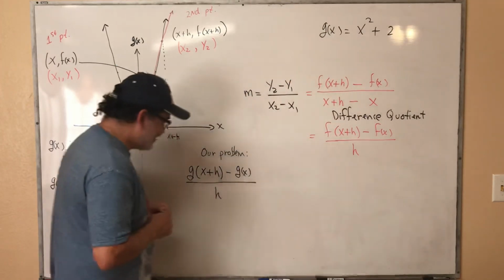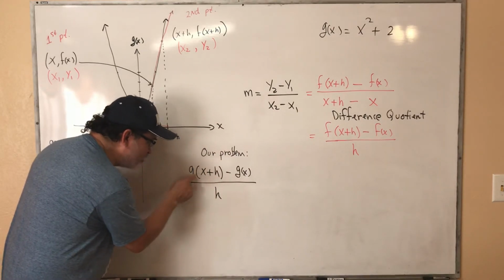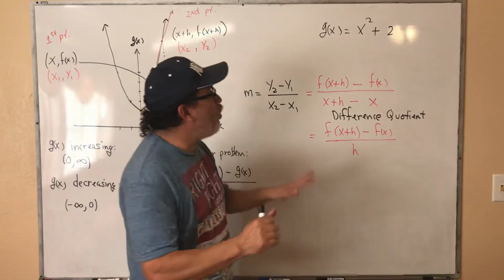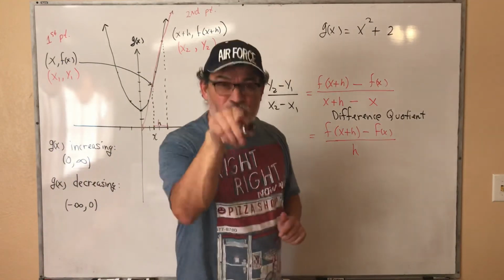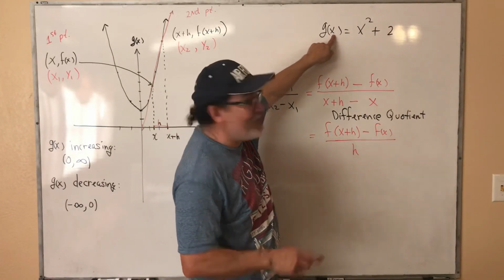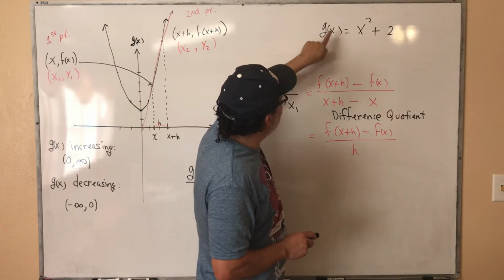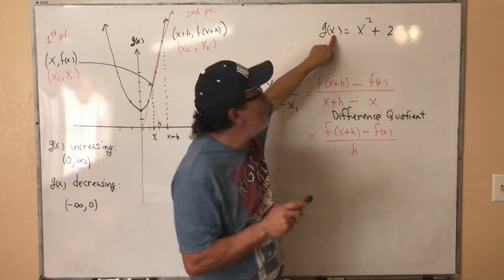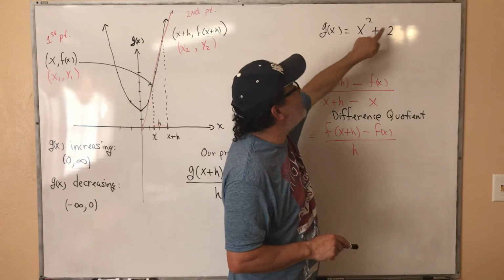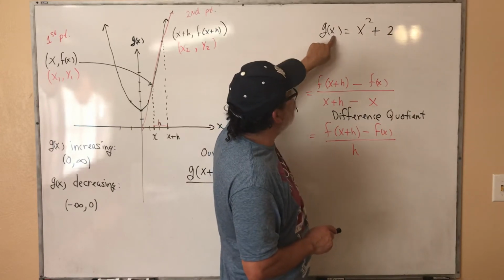What will G do to you if you went into G? G will take you and square you and then add 2. That's what G would do to you.